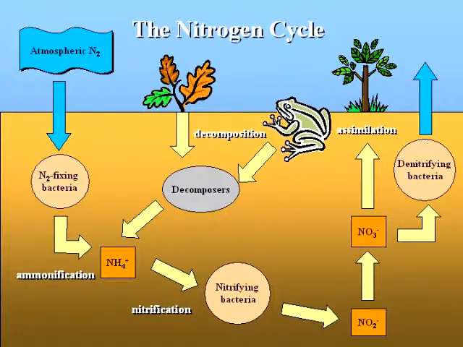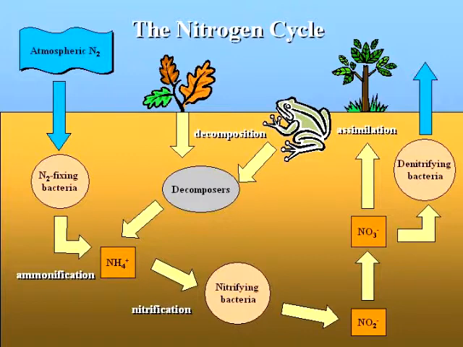The atmosphere is this huge reservoir, and then from the atmosphere, it makes it into living systems by a rather complex series of events that involve certain kinds of bacteria. So let's look through this image here and see what happens. Let's start in the upper left.